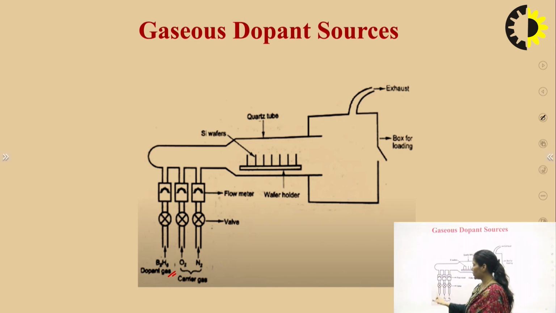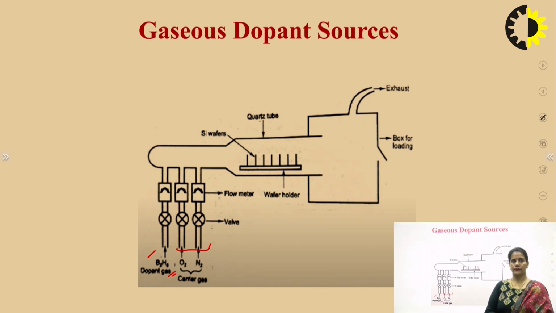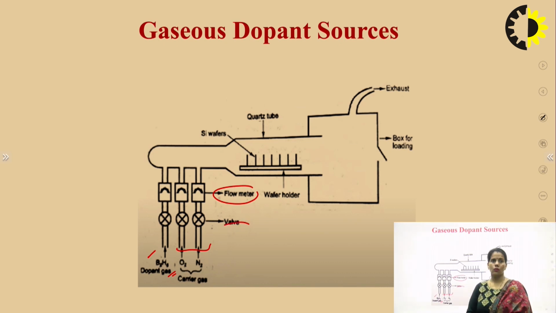These two are the carrier gases, that is the O2 and N2 gases. This flow meter is showing the accuracy of the gases flow. The valves are used to open or shut down the flow of gases towards the wafers.